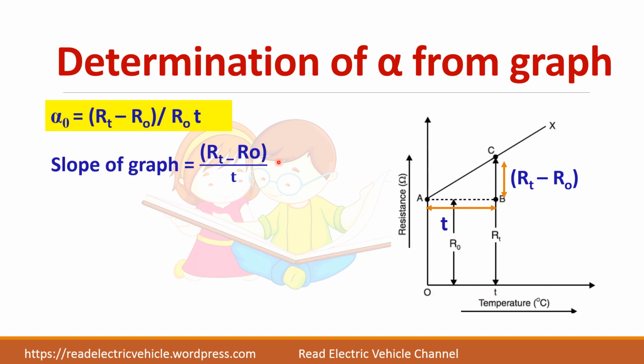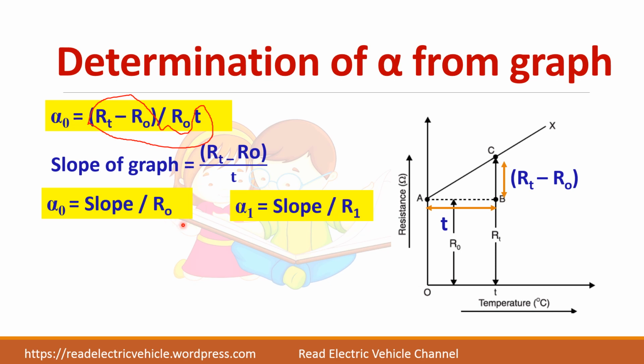So the slope of the graph, you find the slope. Now you see in this formula, RT minus R0 divided by T is the slope. So I can write alpha naught is equal to slope of the graph divided by original resistance R0. And similarly for alpha 1, I can write slope divided by original resistance R1.